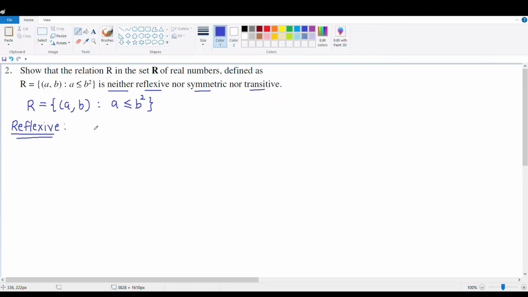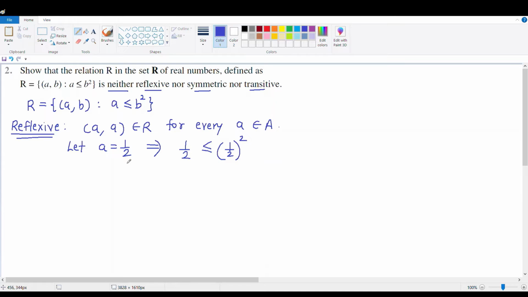Now the definition of reflexive says what? That (a, a) belongs to R for every a belongs to A. Let a is equal to 1 over 2. So if a equals 1 over 2, then we are saying (1/2, 1/2) belongs to R. Let's check, is that true or not? a is less than or equal to b square. So in this case, a must be less than or equal to a square. Is that going to happen? Let's see, 1 over 2 less than or equal to 1 over 2 square.